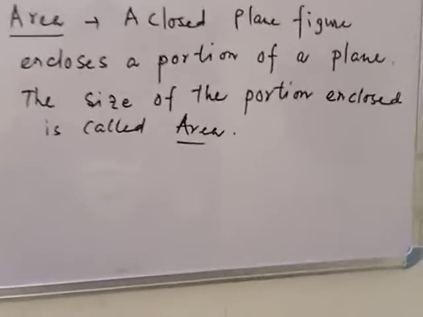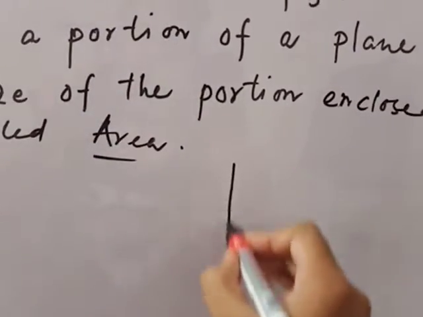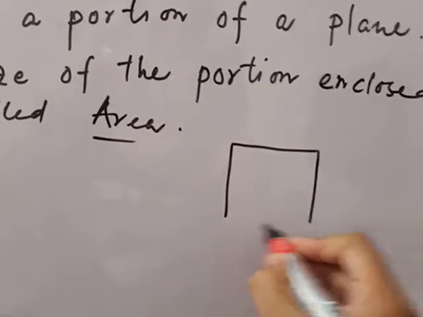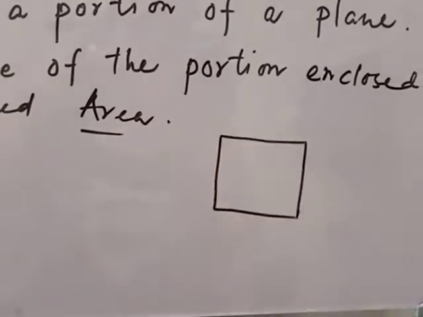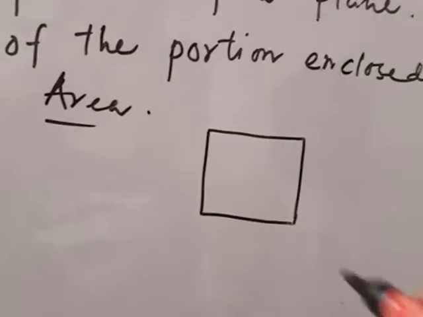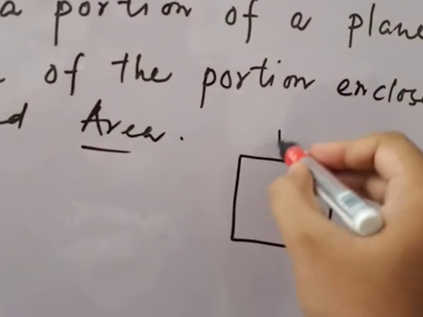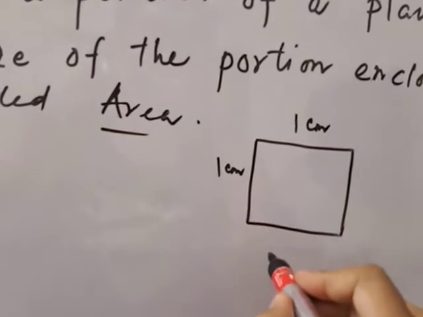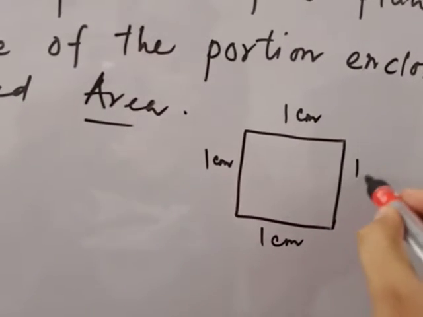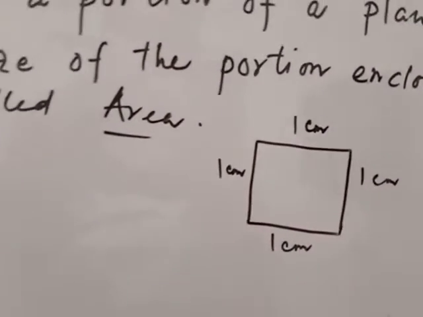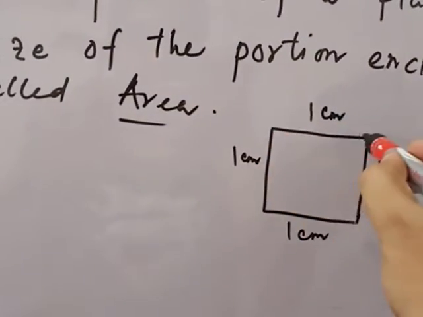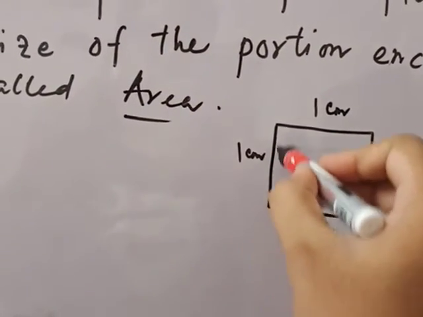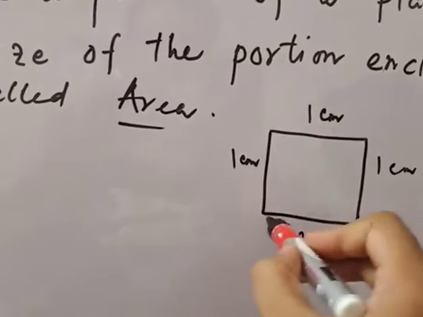Now, for example, see that this is a square. The length of the side is, say, 1 centimeter each. Now, this is the boundary of this square.